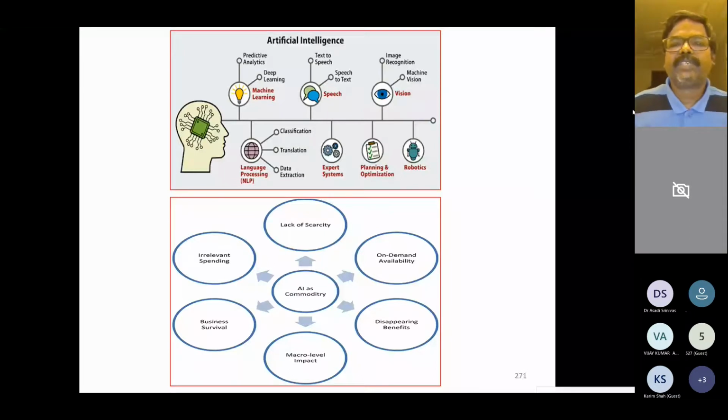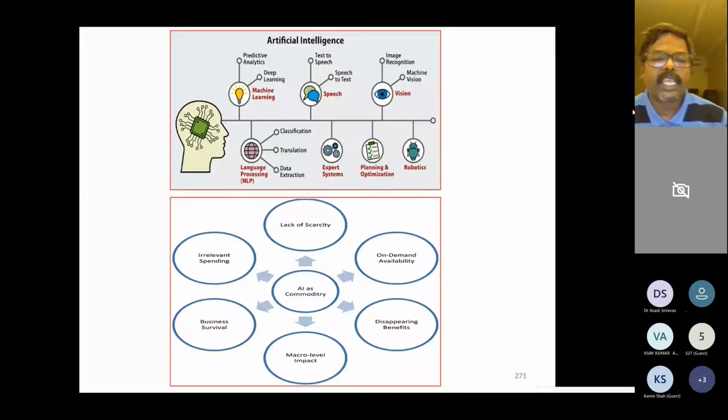Then vision: image recognition, machine vision recognition. Then language processing, natural language processing, where we are solving applications like classification, translation, data extraction. In expert systems, a collection of various rules and regulations, if-then rules, is called an expert system. Then planning and optimization, and robotics.